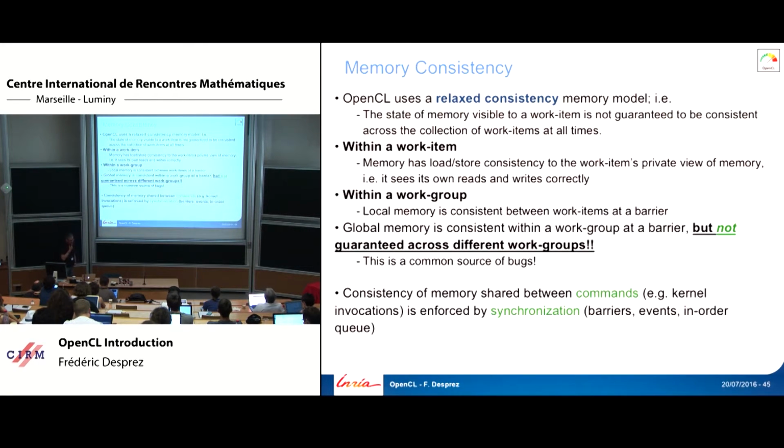About memory consistency, it's a relaxed consistency model. The state of the memory that is visible to a work item is not guaranteed to be consistent across all the work items. There should be some synchronization, and you have to be careful with this synchronization to make sure that the data is consistent between work items. So within a work item, you have load-store consistency, of course, for the private view of the memory, which is private to the work item.